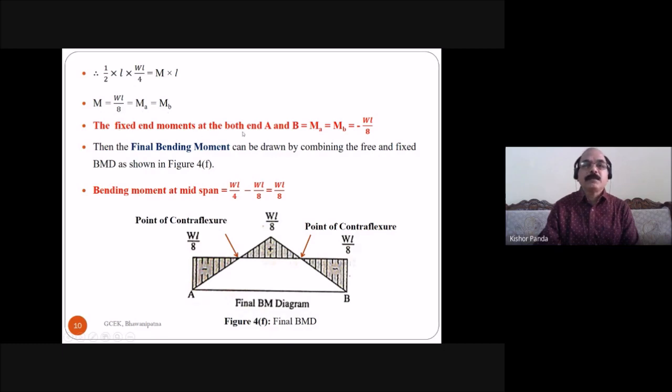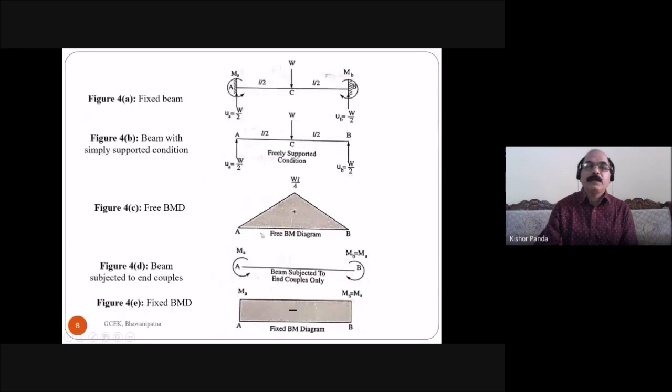The fixed end moments at both ends A and B, MA is equal to MB is equal to minus WL by 8, because we assumed negative before solving the problem. That's why you take the fixed end moments at both ends A and B as minus WL by 8. Then after getting this fixed end moment, you have to plot the final bending moment diagram, because you know the free bending moment diagram has ordinate WL by 4.